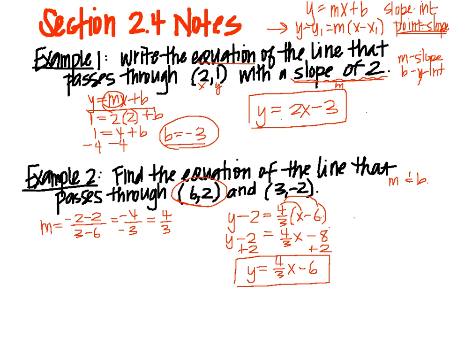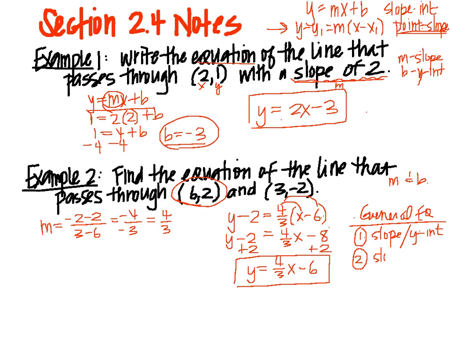Now, note for quiz and test, as we're going through, you're going to be asked to do 3 different types of general equations. First one is given a slope and a y-intercept, just write the equation. That should be easy.